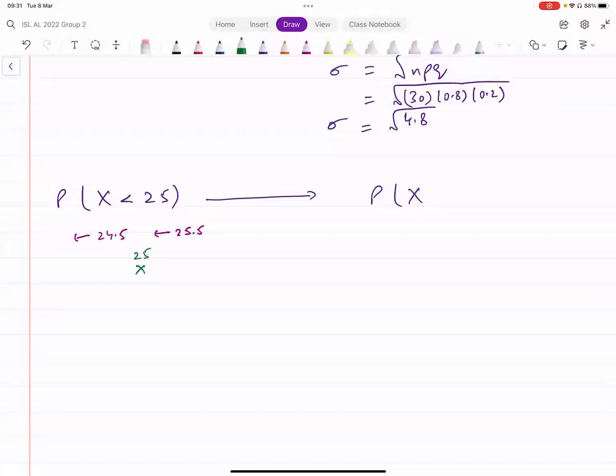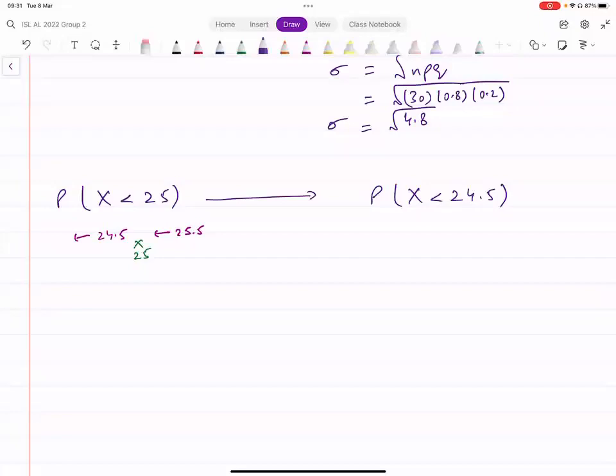If we go to the left of 24.5, 25 is not included. If we go to the left of 25.5, then 25 will be included, right? So we should be choosing 24.5 here. You say this translates to x less than 24.5 in normal distribution.